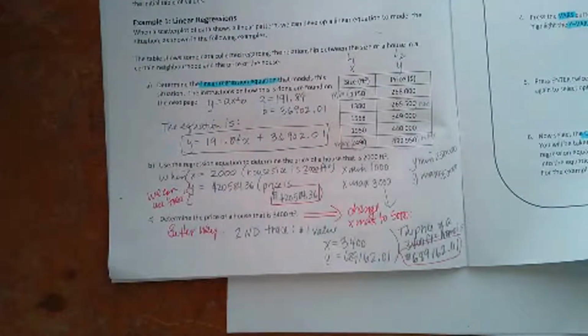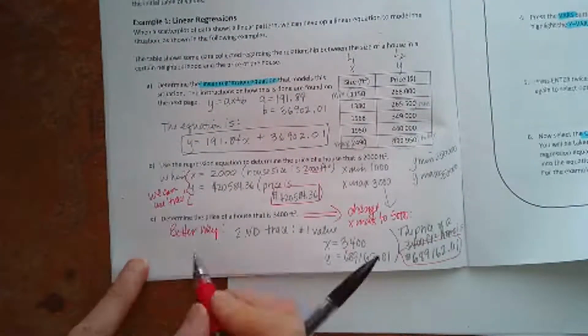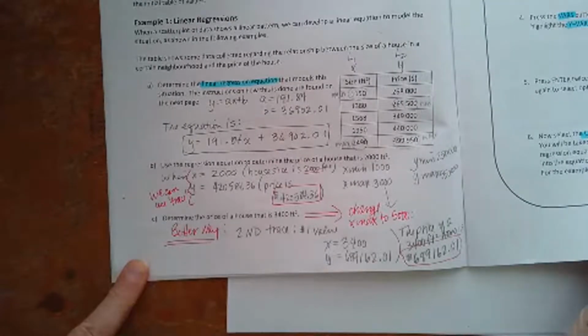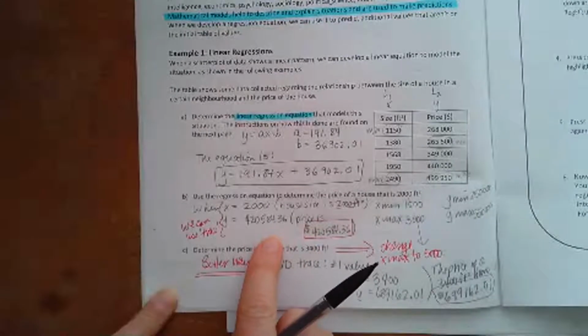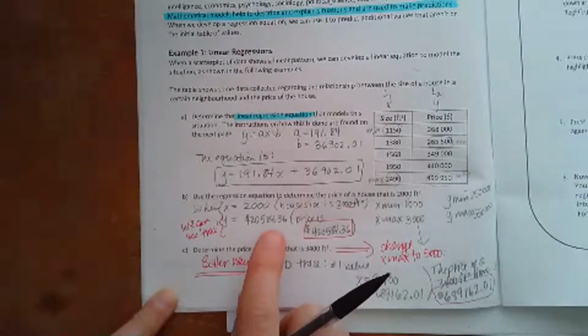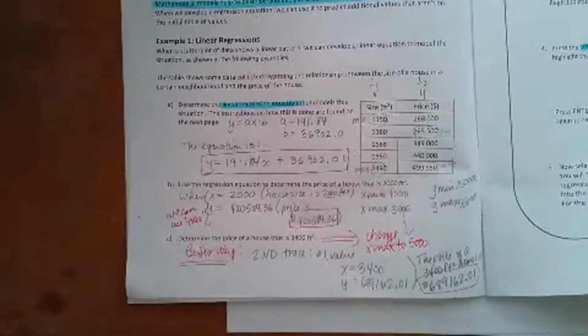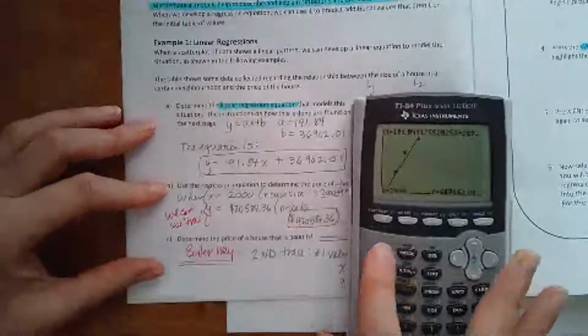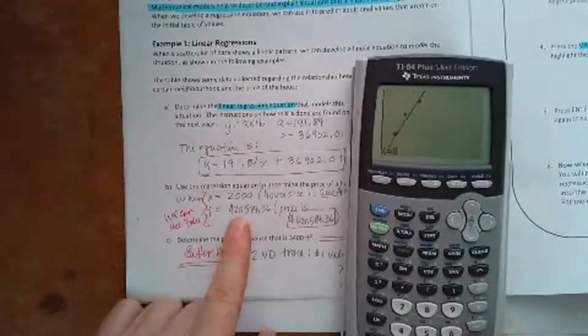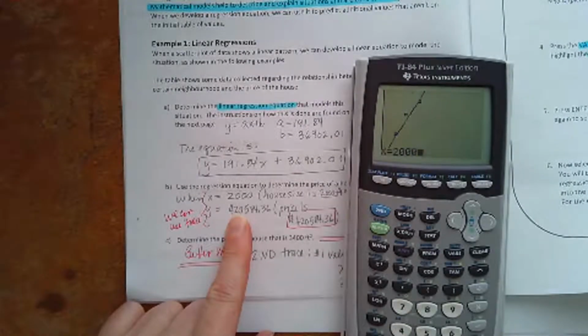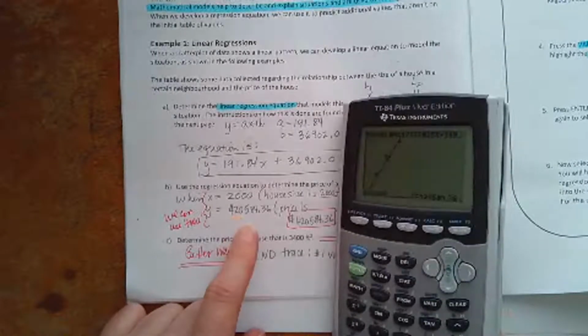I want to show you one other thing though. This is the best way to find y values if you're given x's. Trace is okay, but it takes a long time too. I could have gone second calc value, and I could have just put a 2,000 in here, and I still would have got the same answer.